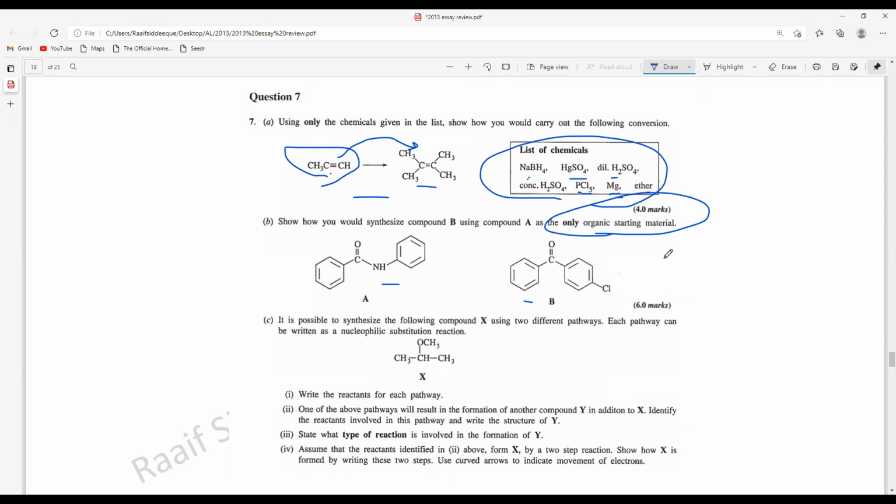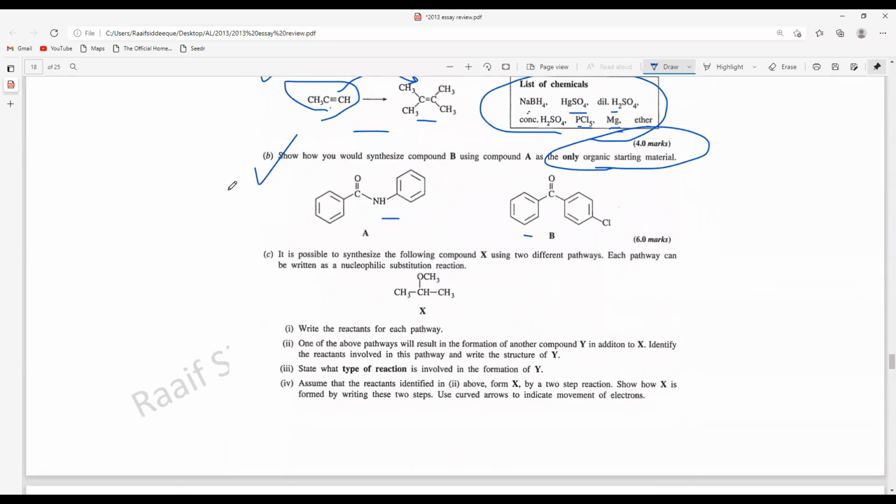See, Cl2/Fe is inorganic, PCl5 is inorganic, NaNO2/HCl is inorganic, H3PO2 is inorganic, and anhydrous AlCl3 is inorganic. So all reagents that I have used here are inorganic compounds, right? So these two questions will be done.